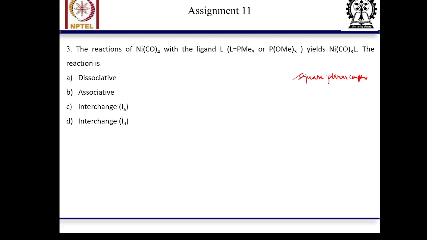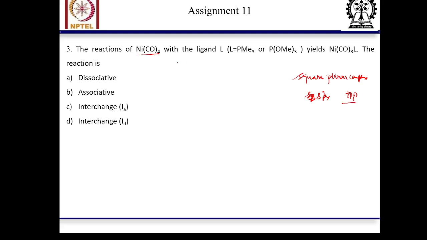It will go through square bipyramidal or trigonal pyramidal. Because the associative involves a 7-coordinate intermediate. No, that is for the octahedral case, not for tetrahedral.